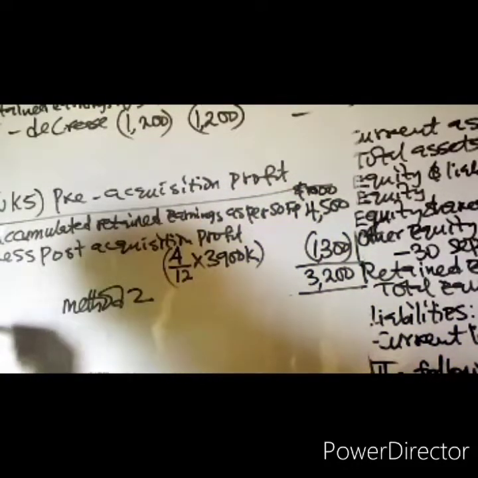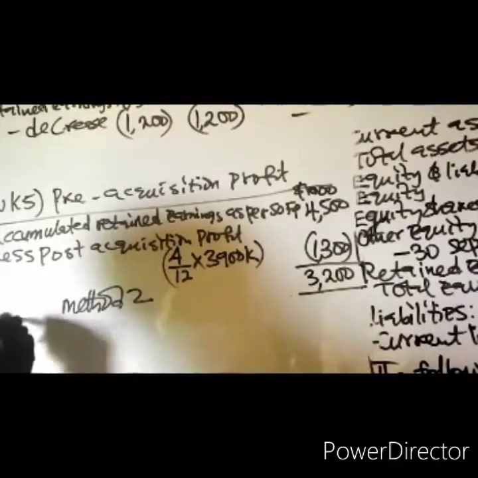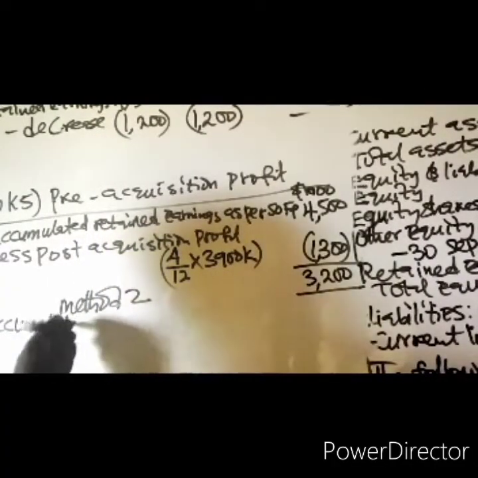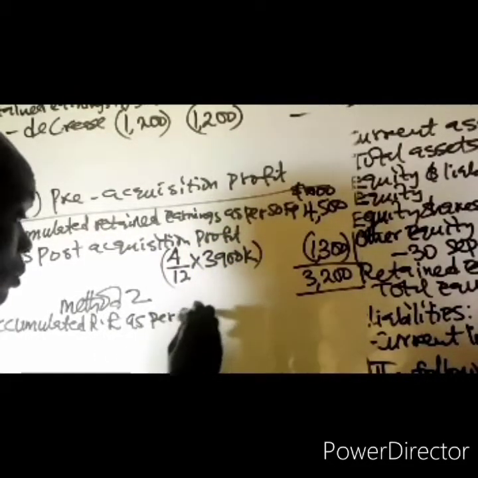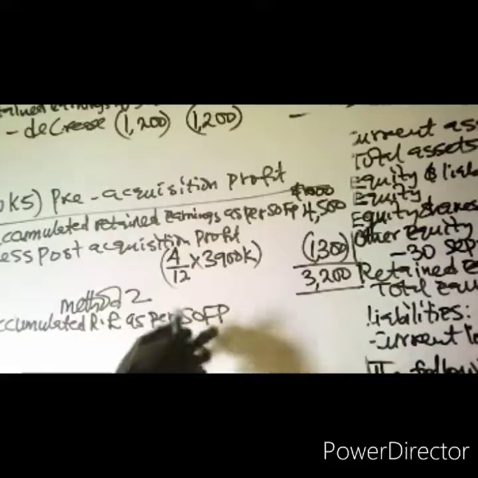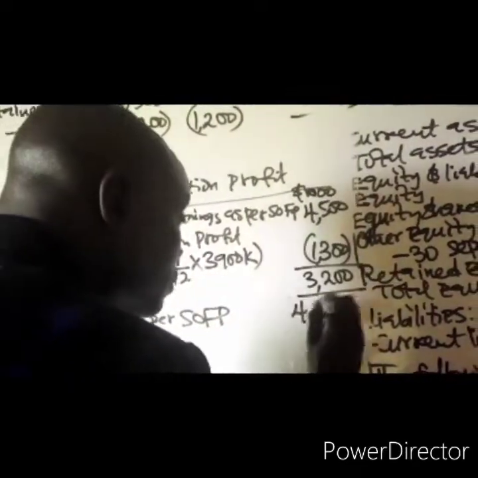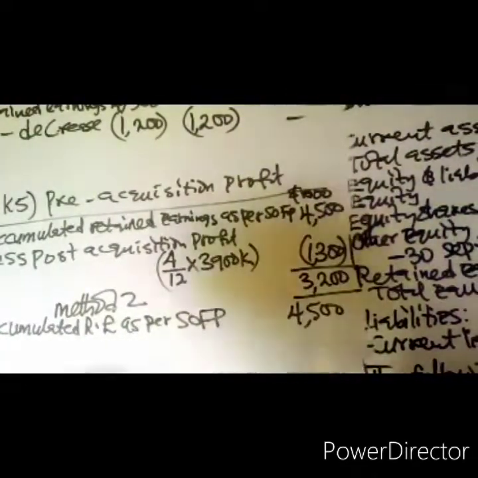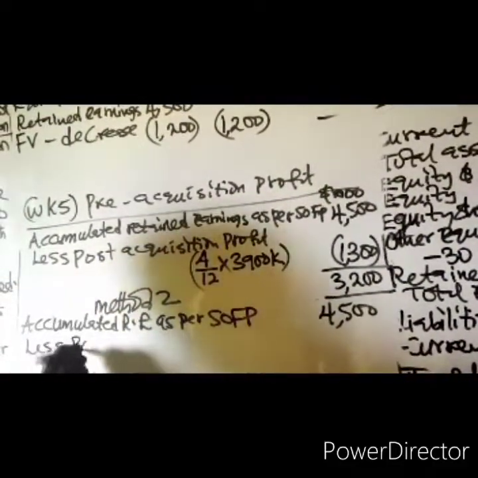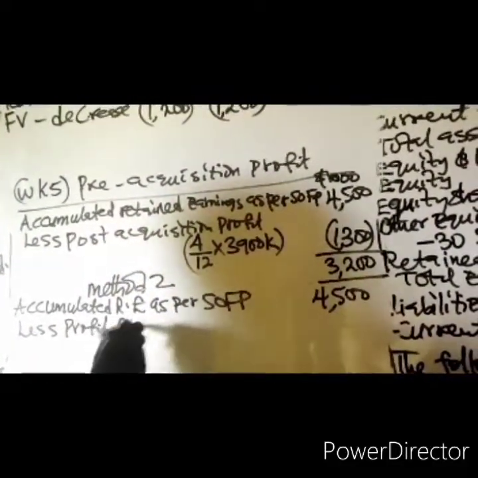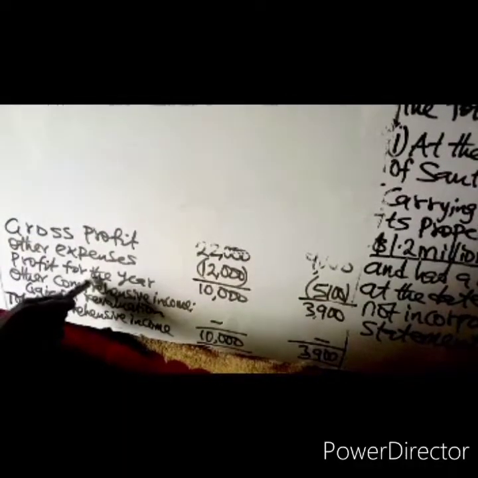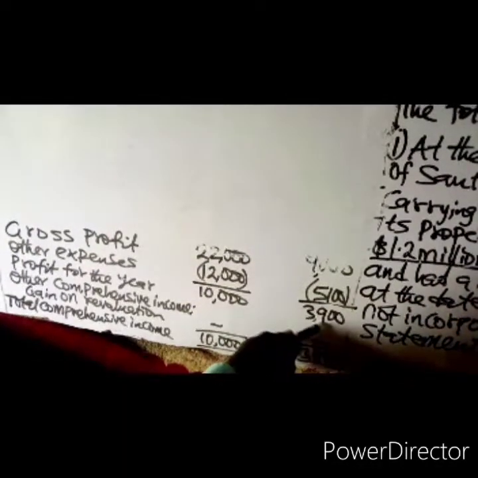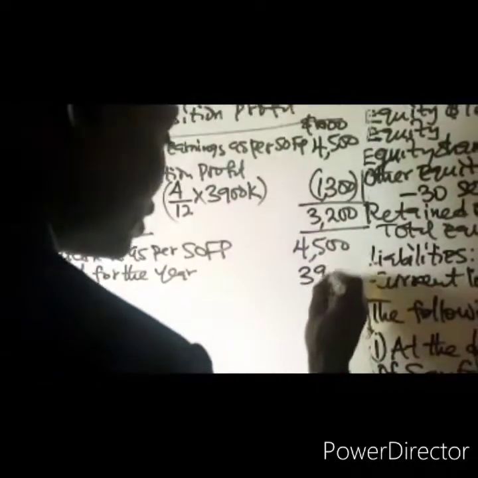You start with the accumulated retained earnings as per the statement of financial position, which is 4,500. From that, you less the profit for the year of the subsidiary, which is 3,900.